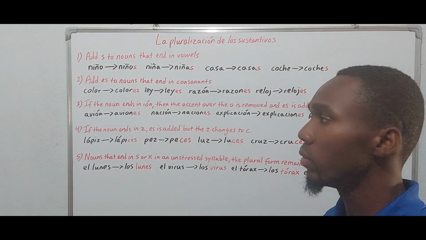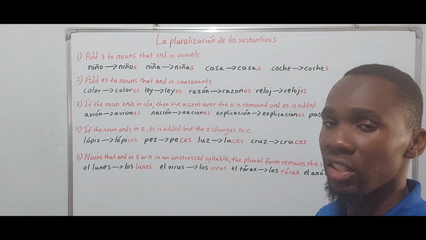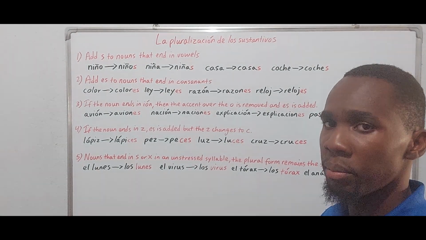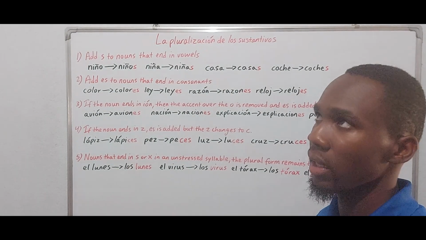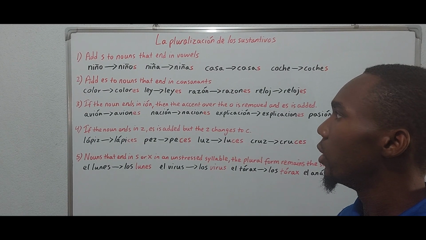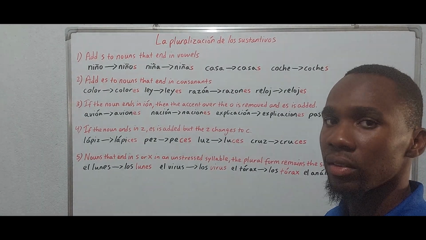So niño ends in o, it becomes niños. Of course, niño is child, little boy, rather. Niña becomes niñas.